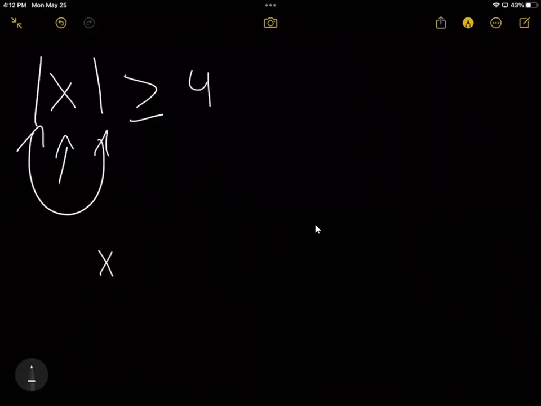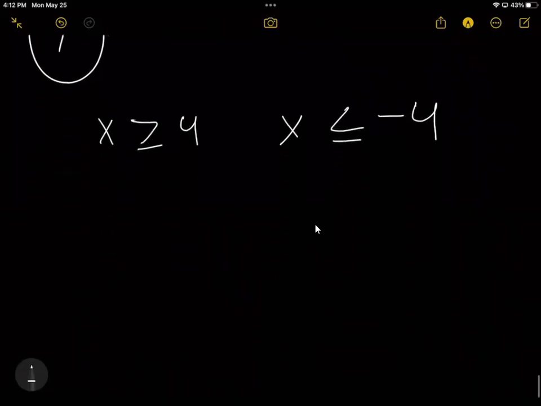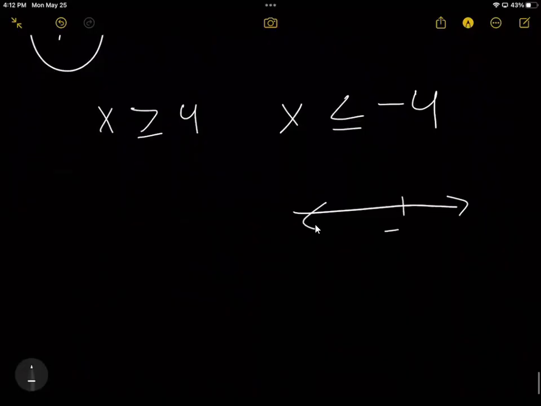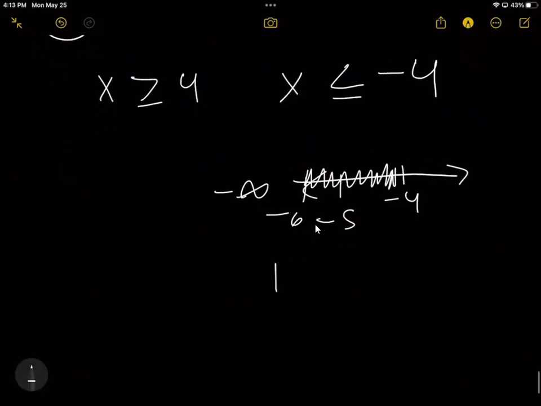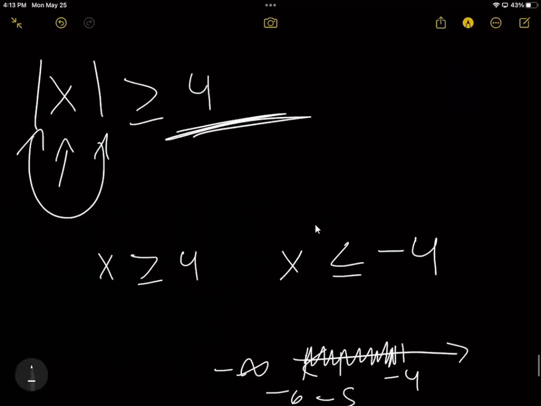That means my x value would have to be greater than or equal to 4 or less than or equal to -4. If we look at my number line, this is -4, and this is everything less than or equal to -4, which could include -5, -6, all the way to negative infinity. When I enact my absolute value symbols on -6 or negative infinity, I would get 6 and infinity, which are much bigger than 4, which is the goal.